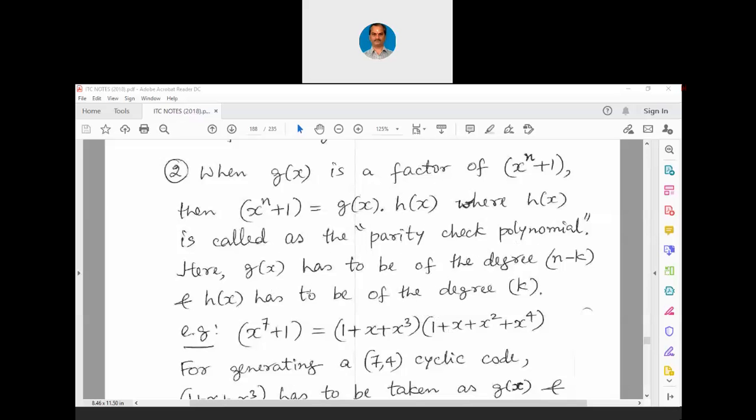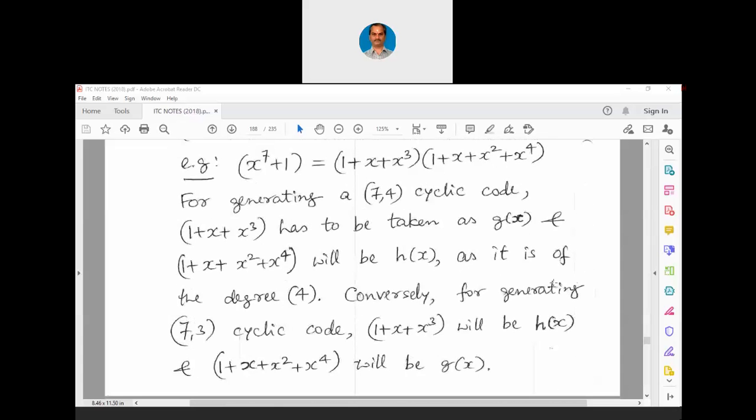Now you can see here g of x has to be the degree of n minus k and h of x has to be the degree of k. We had seen that x power 7 plus 1 is 1 plus x cubed into 1 plus x squared plus x power 4. Now for generating a 7, 4 cyclic code, 1 plus x cubed has to be taken as g of x. And now 1 plus x squared plus x power 4 will be h of x as it is of the degree 4.